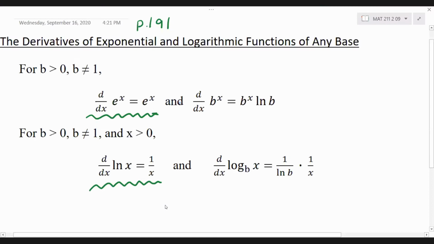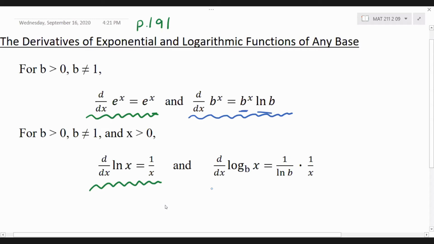But we, of course, can have exponentials that are of a different base, in which case we have this derivative. If we're taking the derivative of b to the x, so b could be anything, then our derivative has that b to the x in it still, but then we have to multiply by the natural log of b.